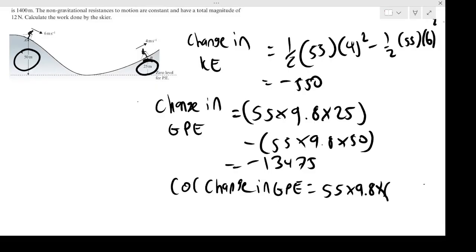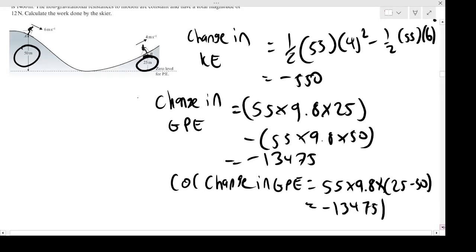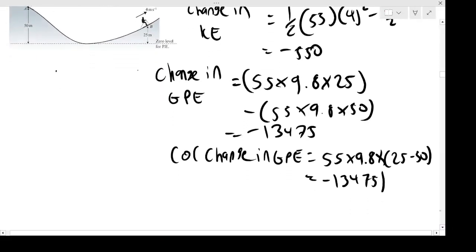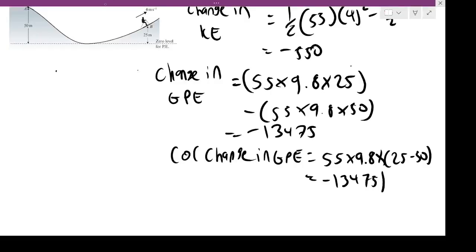So the change is 25 take away 50, and then you'd get the same answer, minus 13475. You could literally split it into two different parts at the finish and at the start, or you could do it that way. Anyway, so we've got our two changes in kinetic energy and gravitational energy. They're both negative again because you lose speed and you lose height.